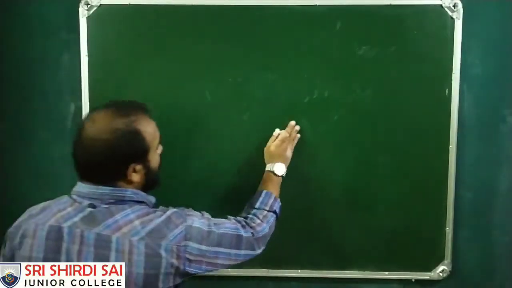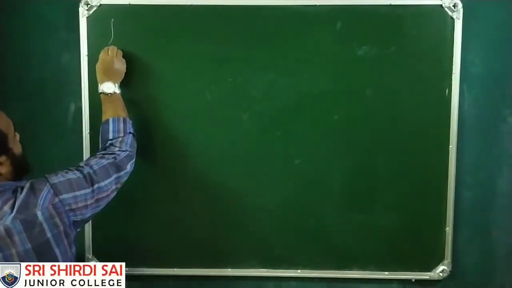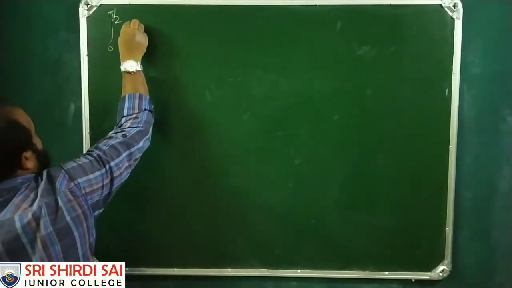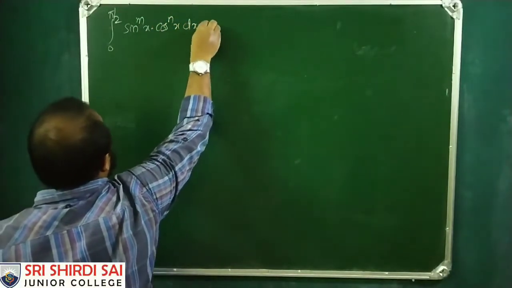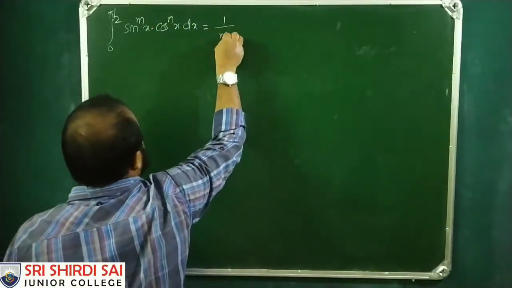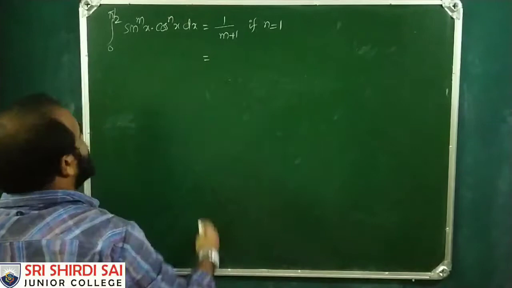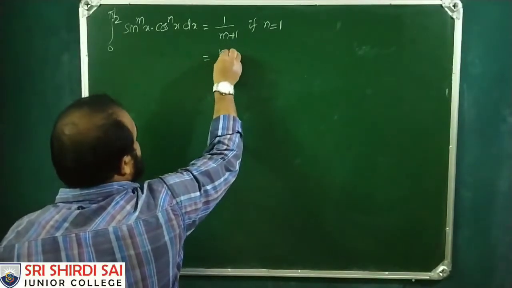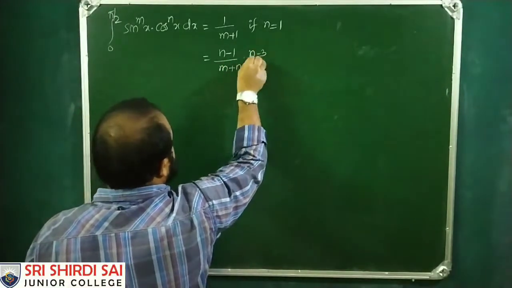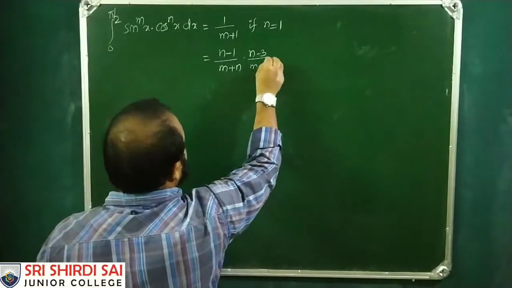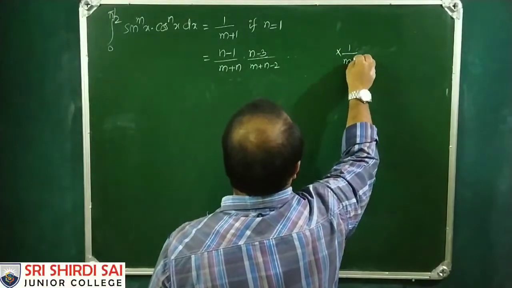So let us write all of them at one single place. Integral 0 to pi by 2 sin power m x into cos power n x dx is equal to 1 by (m plus 1) if n is equal to 1. This is equal to (n minus 1) by (m plus n), (n minus 3) by (m plus n minus 2), etcetera, into 1 by (m plus 1).